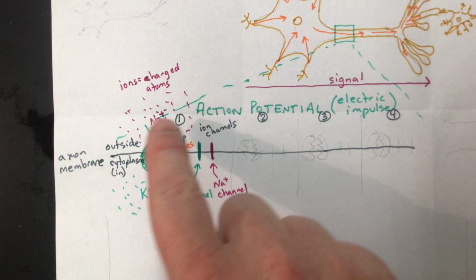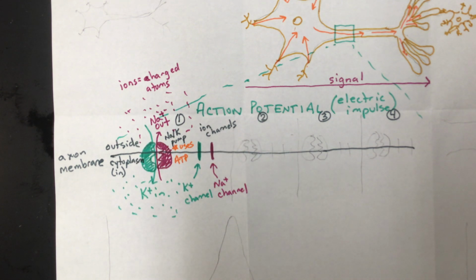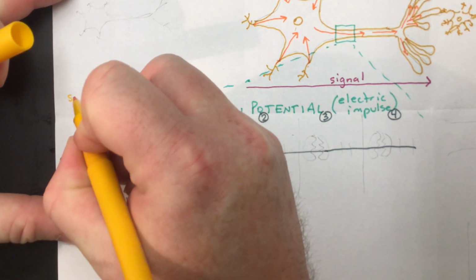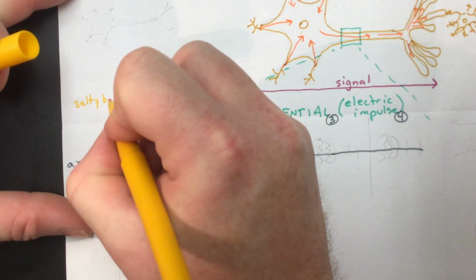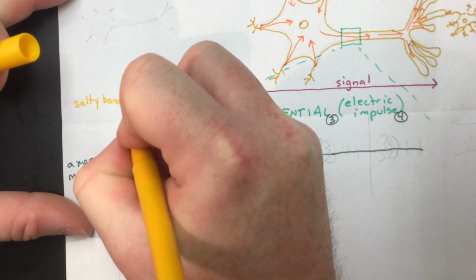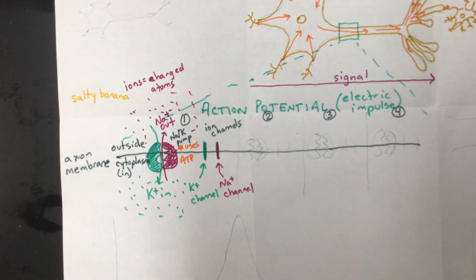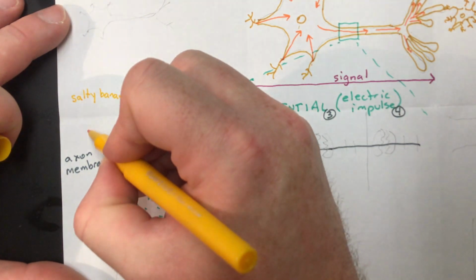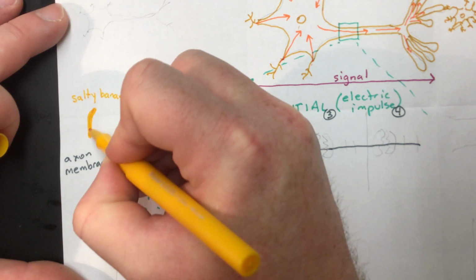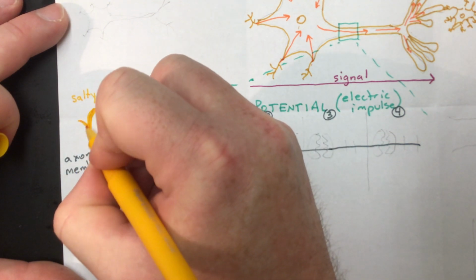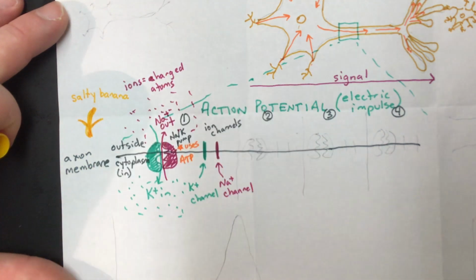Now, some people, to remember which is on the outside and which is on the inside for sodium and potassium, there's a mnemonic called salty banana. So if you imagine a banana, when you think about bananas, you think about bananas being high in potassium.